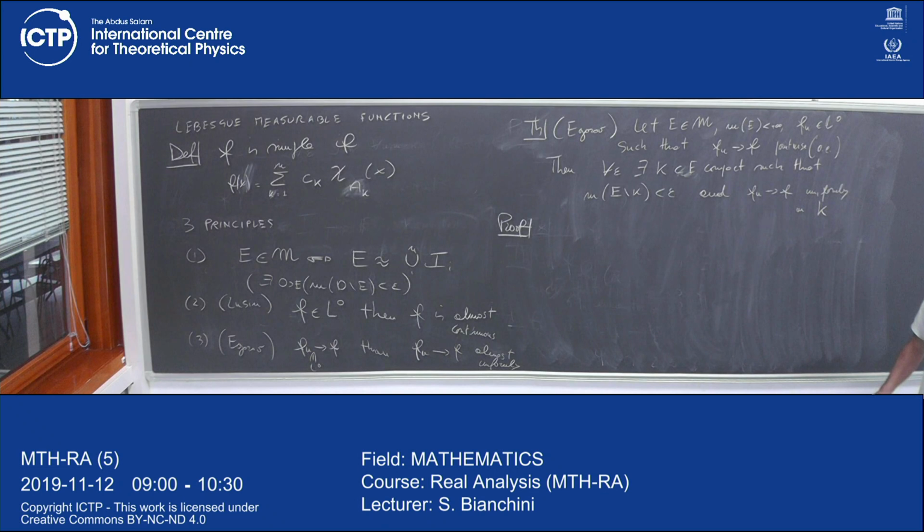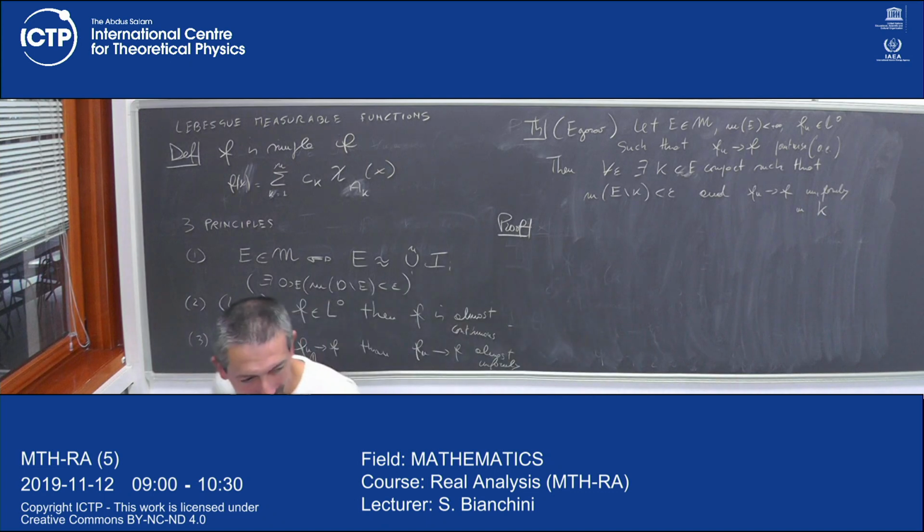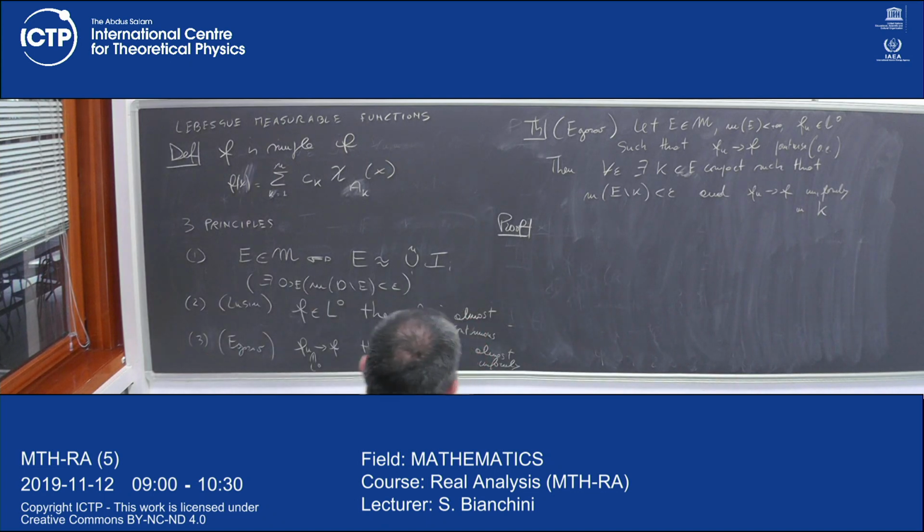Pardon? I have the uniform, no? Yeah. Okay, so we define, so I want to write the uniform convergence. Let's write the uniform convergence and see if we can define.